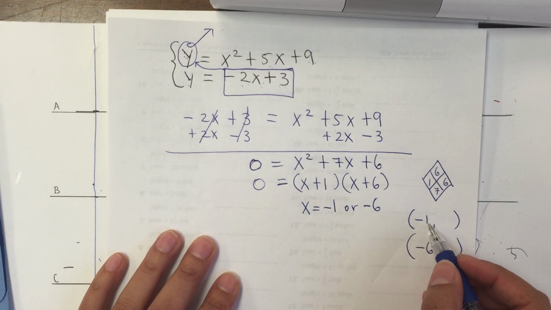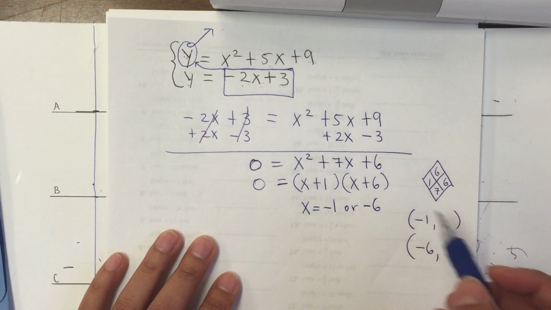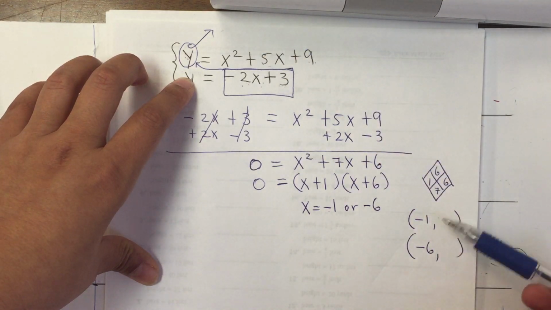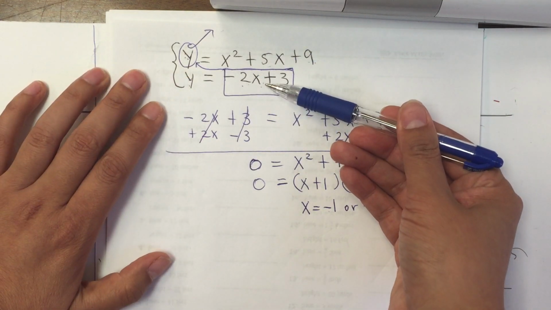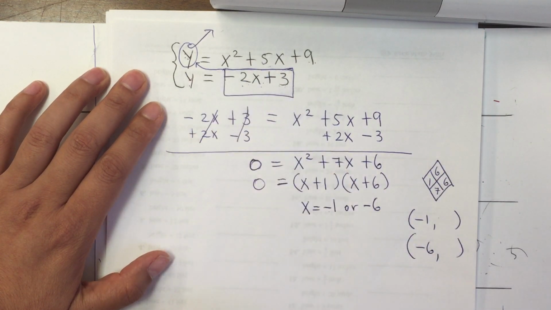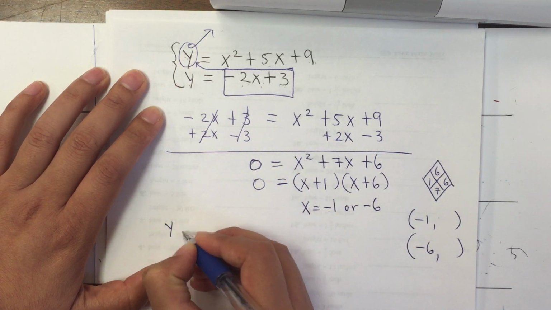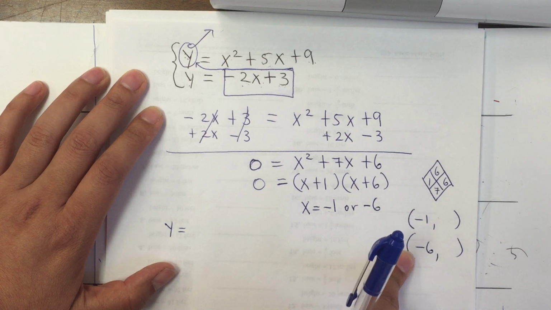So -1, how can I figure out my y? Just like when we did with system of equations, you choose one of the two equations, and the linear equation is going to be easier than the quadratic because you have to do less steps. And you're going to have to do the same process twice, one for the -1 and one for the -6.